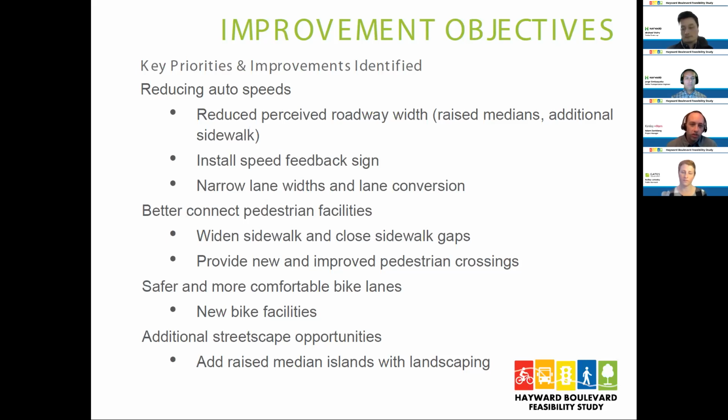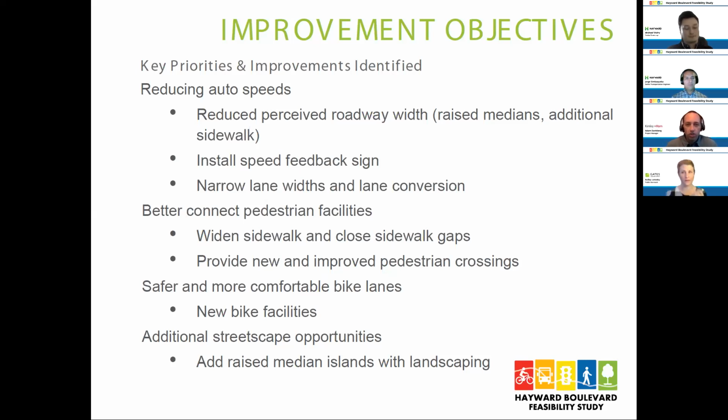And the way to reduce the perceived roadway width is to add things in the driver's view that are raised items. So things like raised medians, particularly street trees or landscaping, widen out the sidewalk further into the roadway, and basically make the roadway feel narrower, feel more residential, and feel more community oriented. So that's really the most effective way at reducing auto speeds.